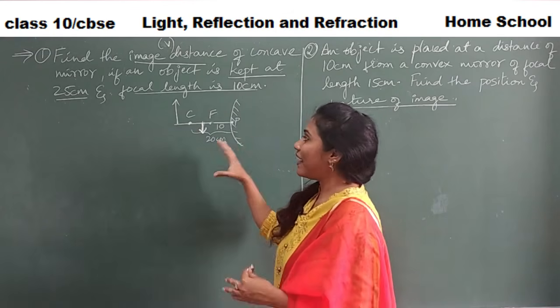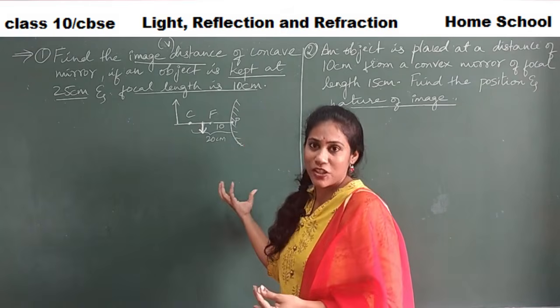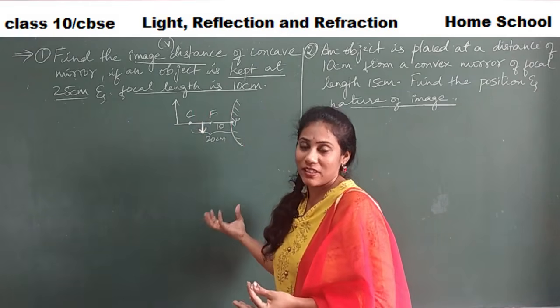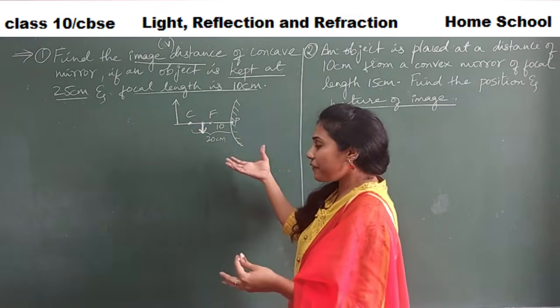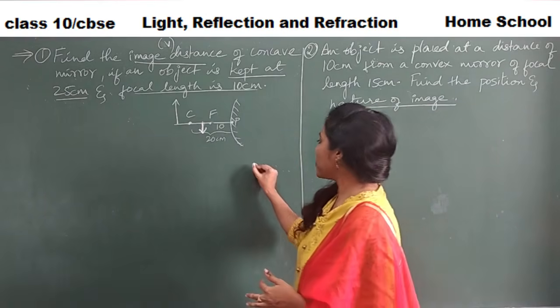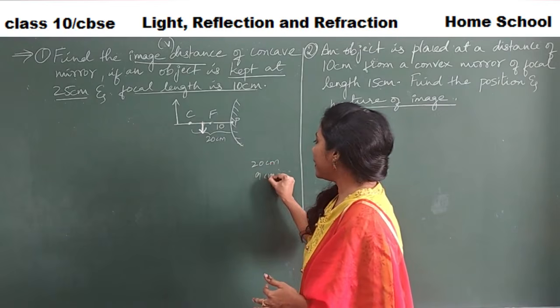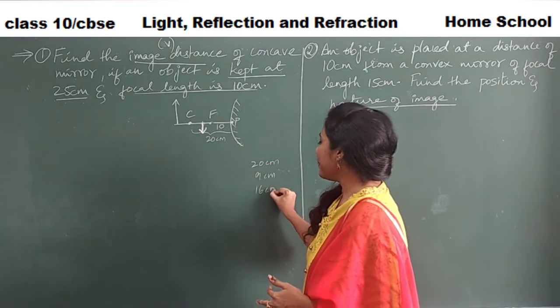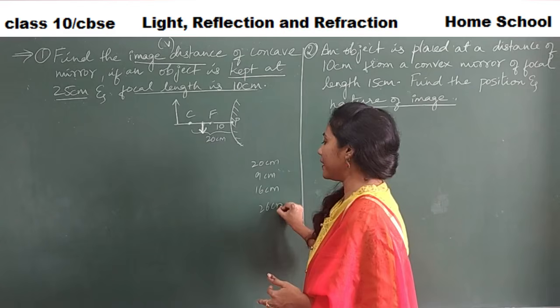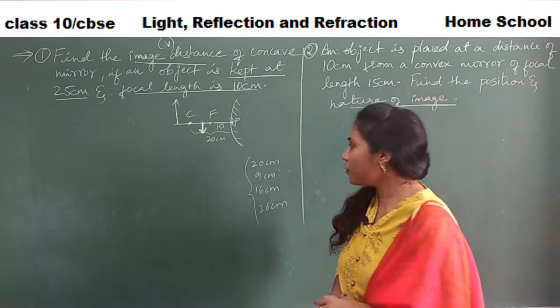See, this gives a rough visualization of the question. Okay, say if in the MCQ your options were like 20 centimeter, 9 centimeter, 16 centimeter and 26 centimeter, definitely what is the option you will select?